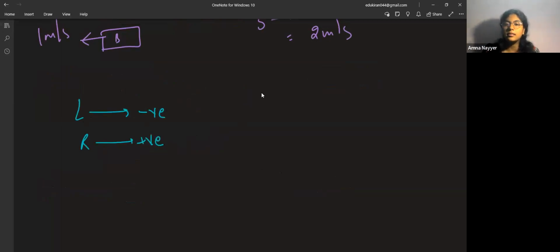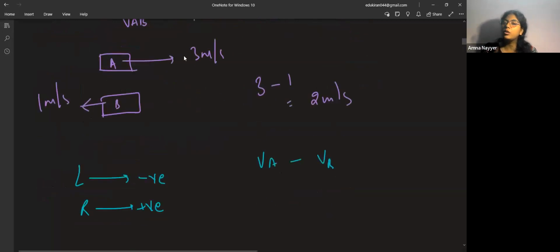Now check your answer. VA minus VB. Velocity of A, VA, is moving towards the right. This will become 3. And VB is moving towards the left. This will become minus, the minus is already there.